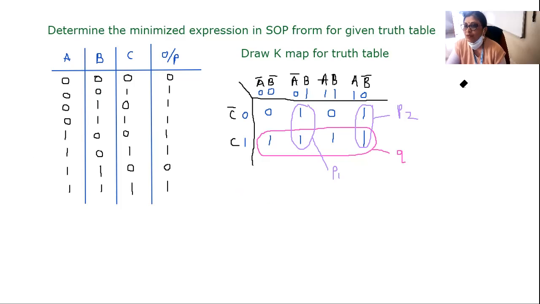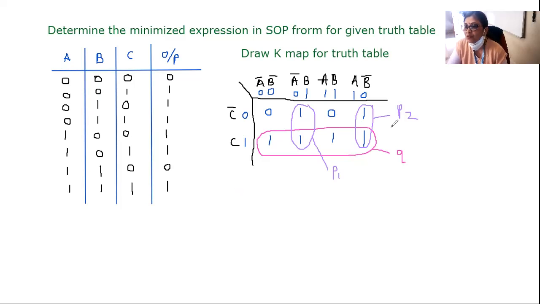Can anybody tell me? See, pair can eliminate one variable, chord can eliminate two variables, and octet can eliminate three variables. And the variable whose value is changing in a given group, that variable must be eliminated.